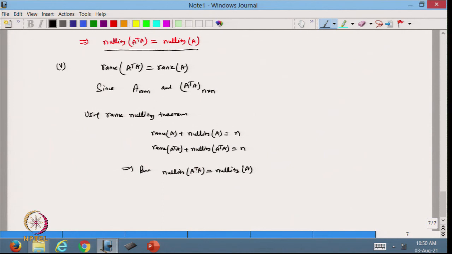So from these two, which are both equal to n, the rank of A transpose A is equal to the rank of A. So this can be proved this way. It means the nullity and the rank of A transpose A are the same as those of A.